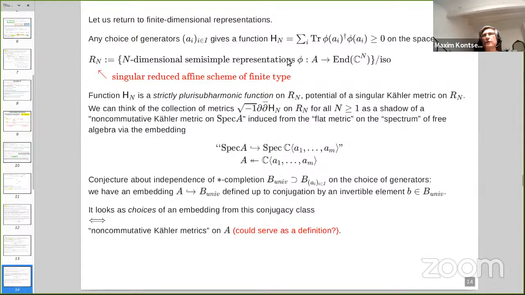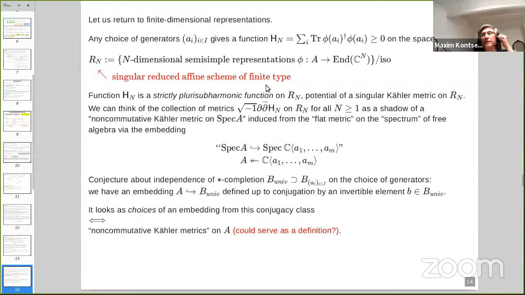And this function is on a singular reduced affine scheme, where we consider semi-simple representations of my algebra. If it has relations, it will be a very singular variety, maybe not equidimensional. For a free algebra it's easier. But whatever, if you take any finitely generated algebra, you get a singular reduced affine scheme of finite type.